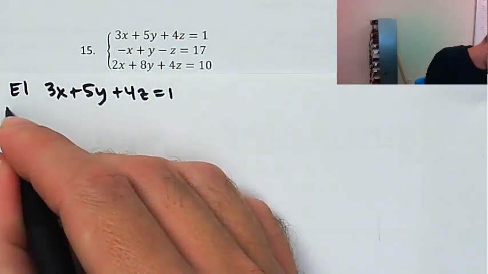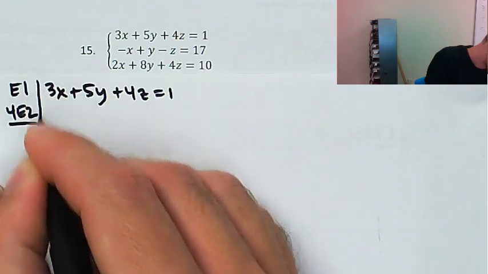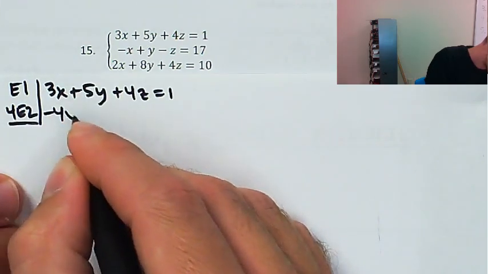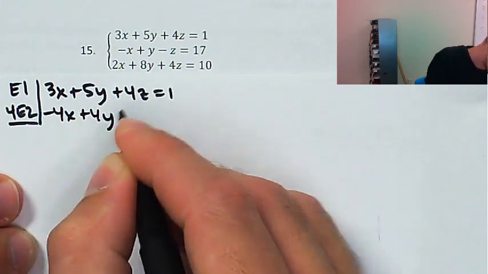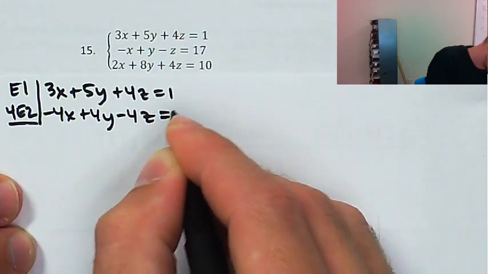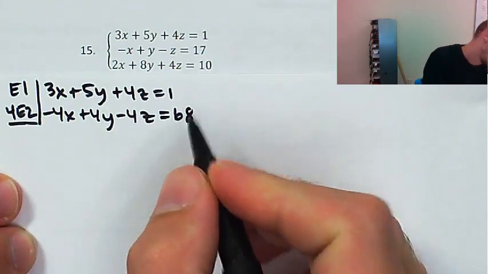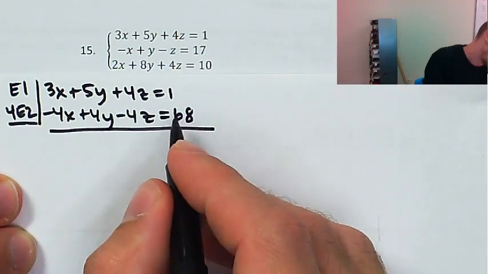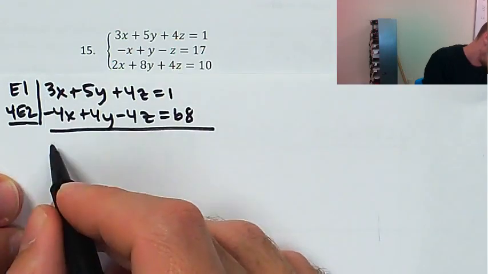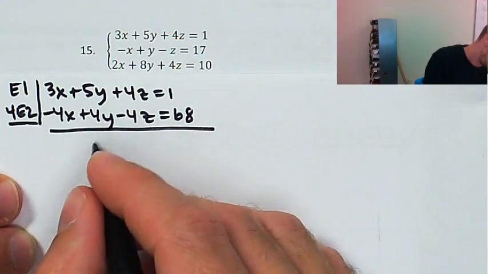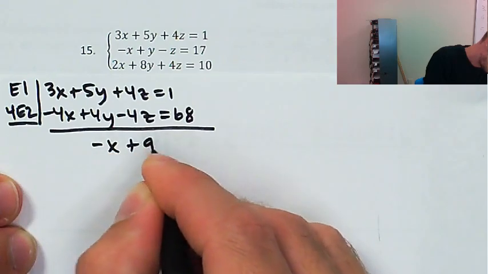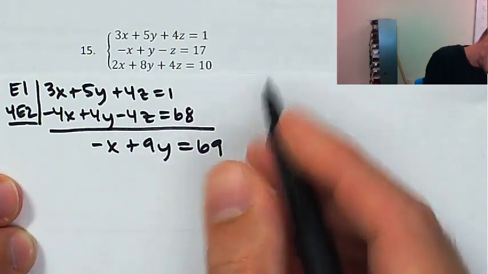Multiply equation 2 by 4. So -4x, positive 4y, -4z equals 68. Add these all together, and we'll have -x plus 9y equals 69.